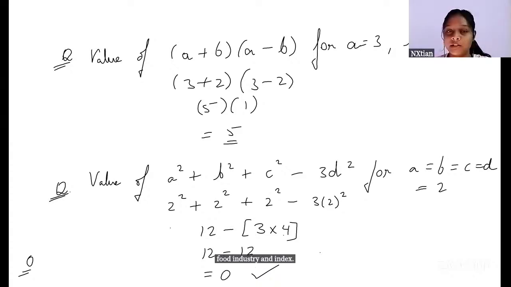First, we'll do 2 into 2, that is 4. Then we multiply with 3. First, I did 2 raised to the power 2, that is 4, and then we multiply it with 3. So first solve the exponent and then do the multiplication.